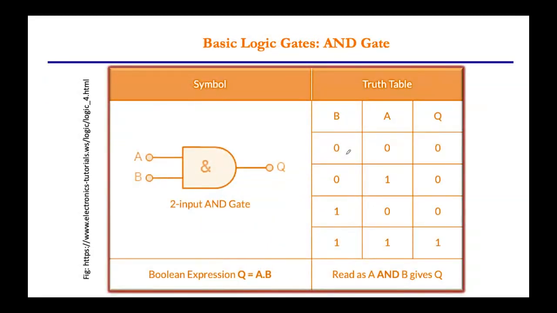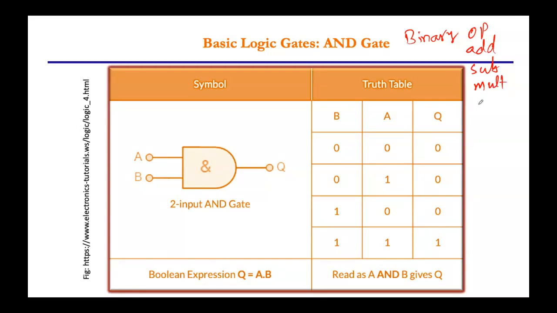So there are certain basic logic gates. Just recall what are the different operations that we performed in our previous lectures. We said the binary operations. In binary operations, we have seen binary addition, subtraction for single bit as well as multi-bit, and binary multiplication.